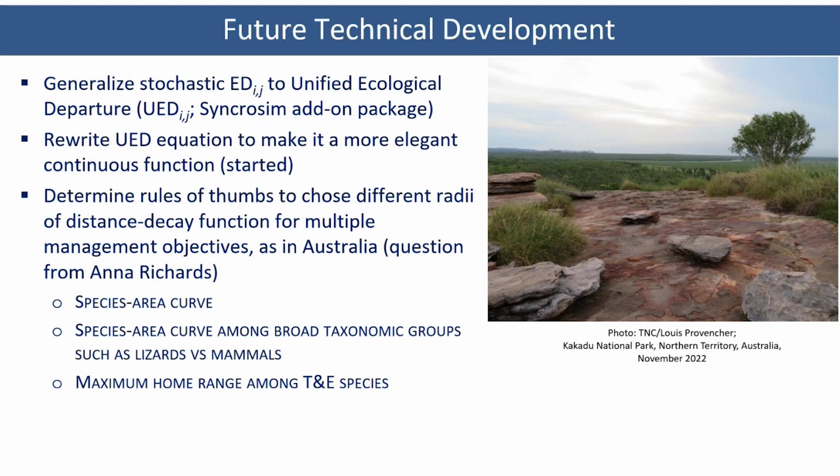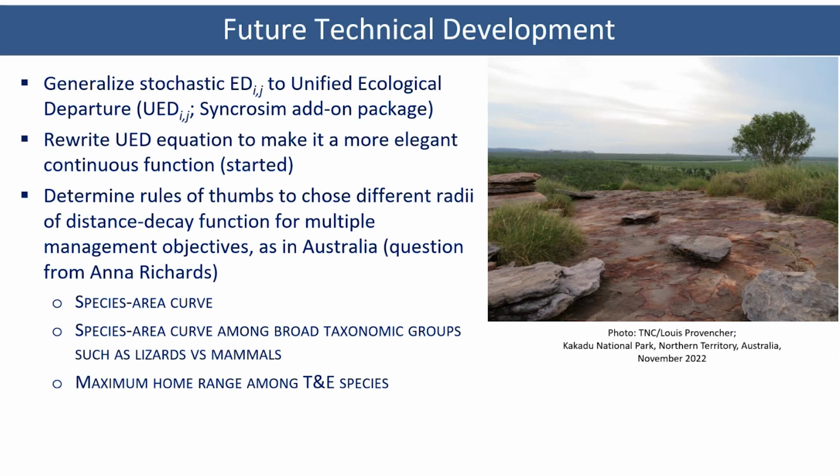You can say the area of my sampling plot that corresponds to 90% of the species captured, especially all your threatened and endangered species you may be tracking, that could be the size of your moving window. If you only have data on broad taxonomic groups like lizards, mammals, or plants, then you'd perform the species-area curve there. So I capture 70, 80% of my species in a plot of 10 hectares. Actually, in Australia, it would be 10 hectares. And that's your moving window. Or you take the maximum home range among your threatened and endangered species.